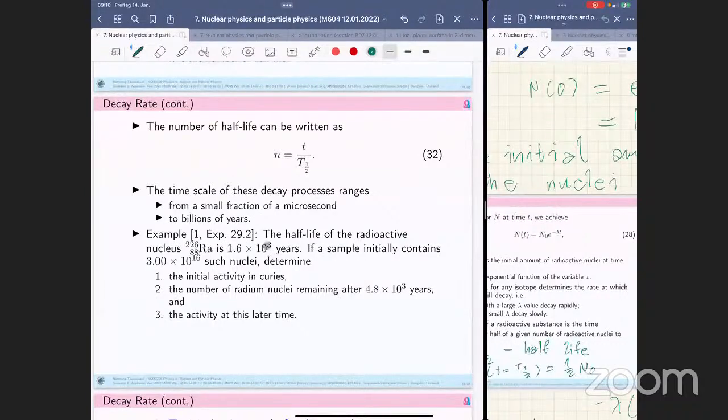The half-life takes quite long, 1,600 years. The sample initially contains, at the beginning, the number of nuclei for radium is, I don't know, 3 times 10 to the 16.